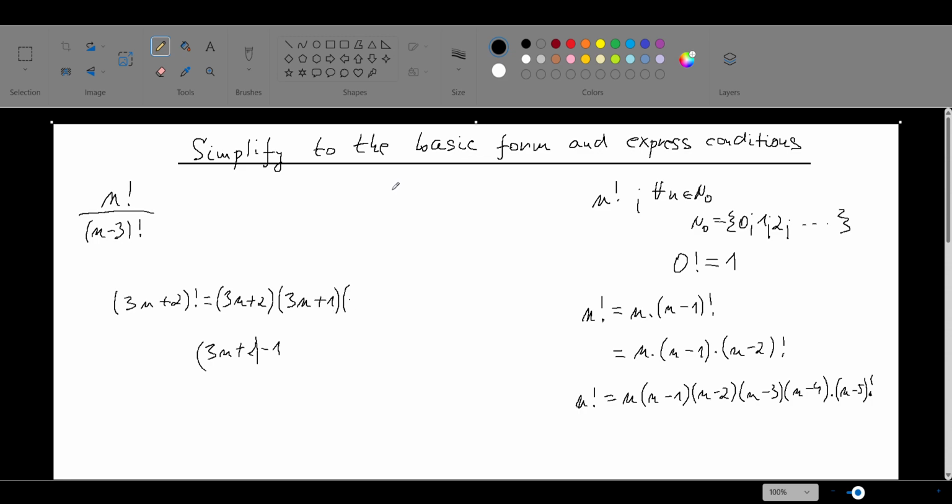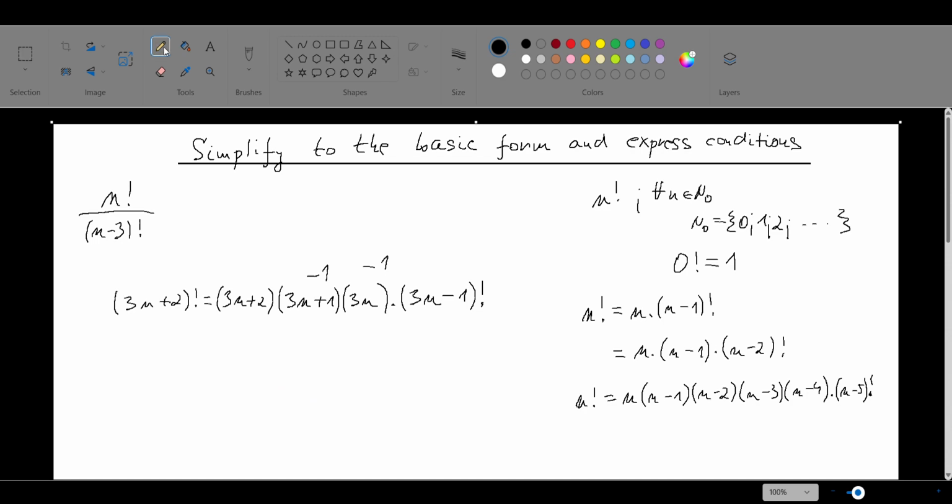So the next factor will be 3n, because if you take away 1 from this expression, you will get 3 times n, and times, if you take away again the number 1 from this expression, it's going to be 3n take away 1 factorial. Okay, so this is the very first exercise, just to remind you how things work.